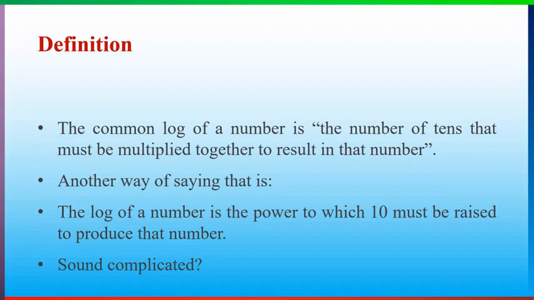The common log of a number is the number of tens that must be multiplied together to result in that number. The log of a number is the power of 10. If we express any number in scientific notation, the exponent of the power of 10 will be its log.